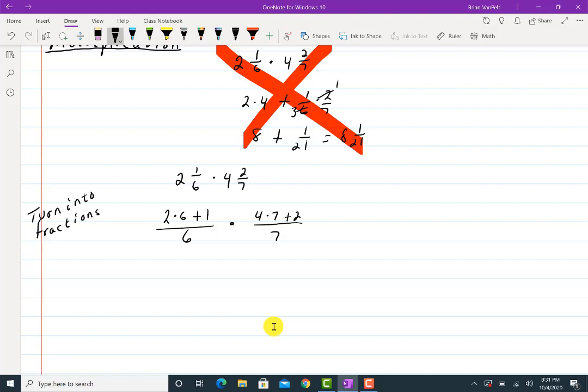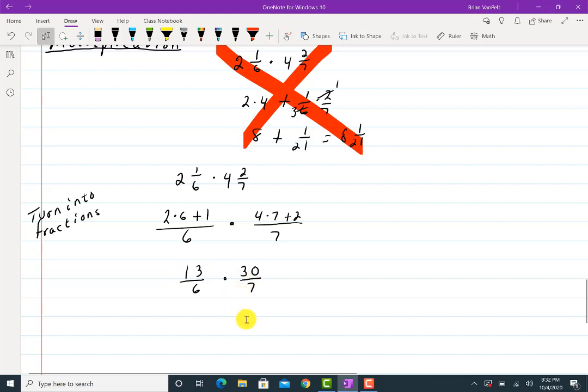Now let me fix this up before I actually do the multiplications. I get 13 over 6 times 28 plus 2 is 30 over 7. Now before I multiply, like anything else, you should want to get your answers in simplest form. So I will cancel if I can. Now as I look through this, 13 is a prime number, so nothing's going to go into it unless there was something that went into it down here.